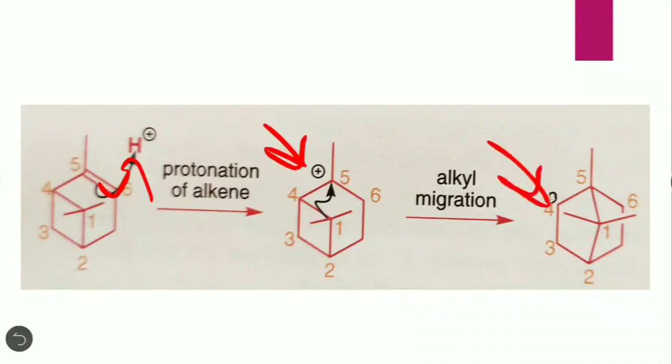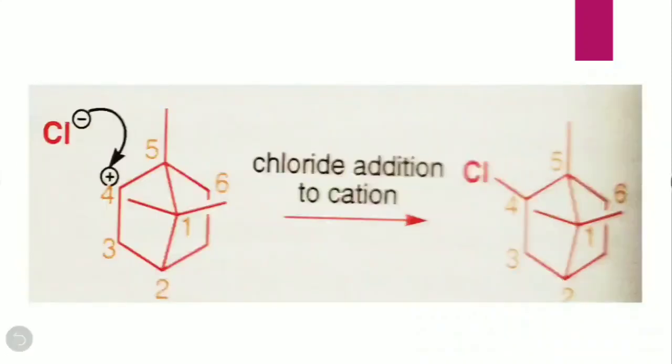You may have noticed here that the stable tertiary cation transforms into the less stable secondary cation, but here the strain is relieved. So more preference is given to the ring expansion and relieving the strain than to the stability of the carbocation. Let's see its example.